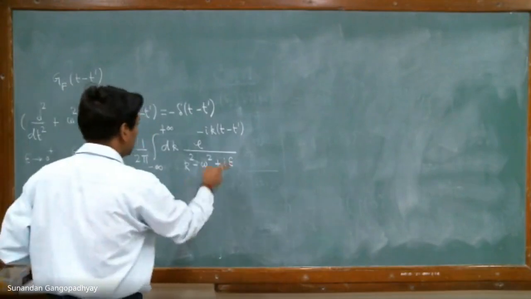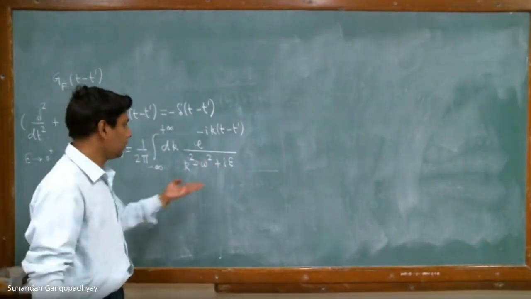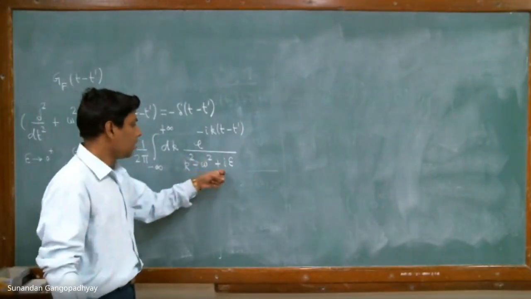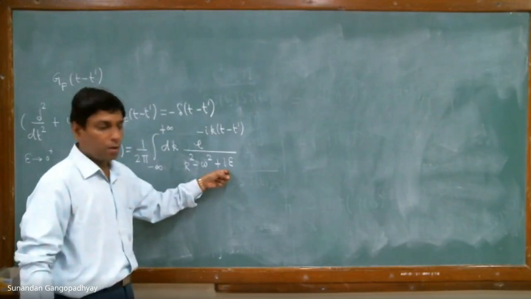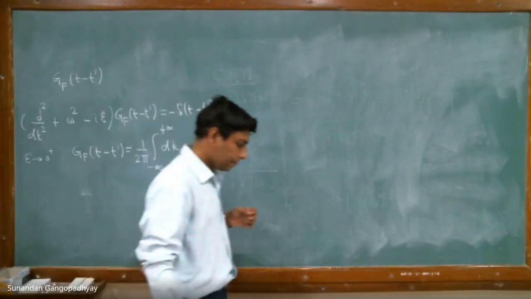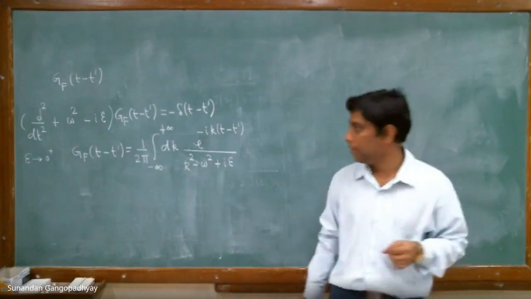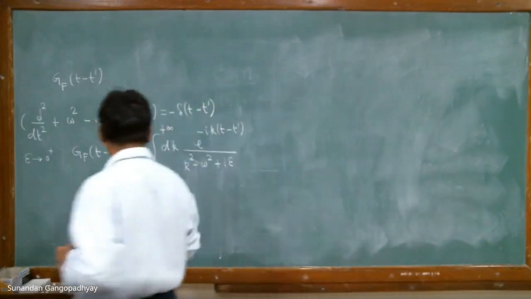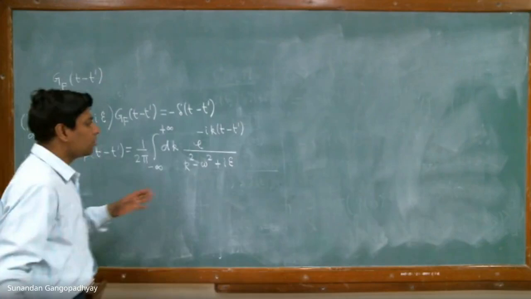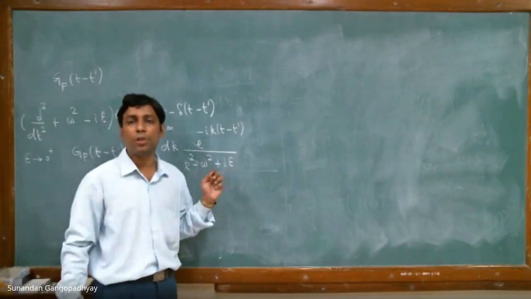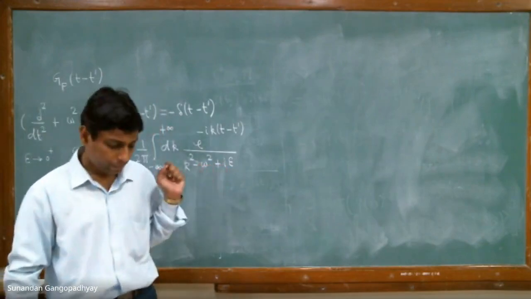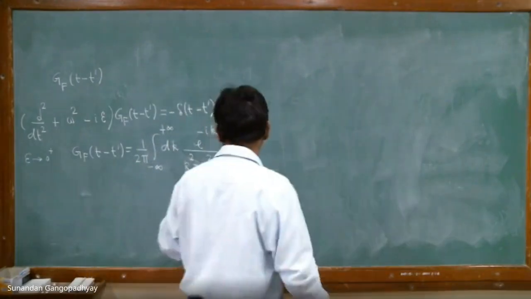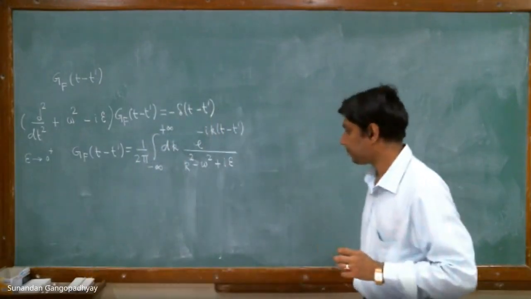You see that this is a difficult integral because you have a complex number here. You should also remember that our aim is to take the limit epsilon going to 0 at the end of the calculation.